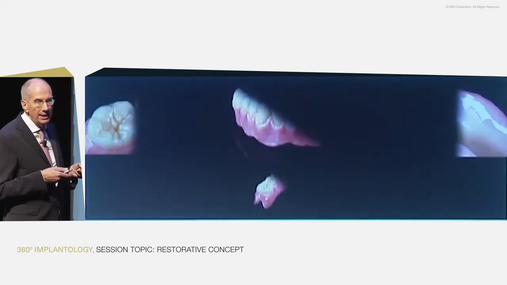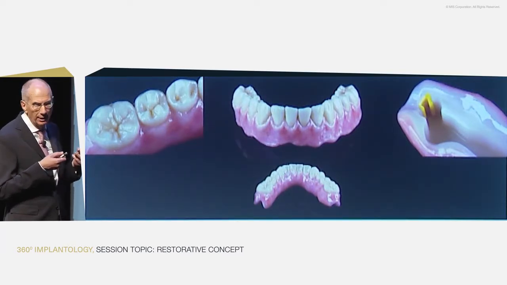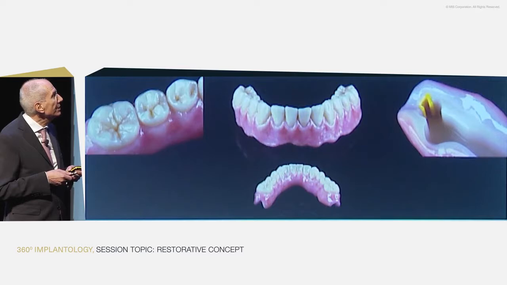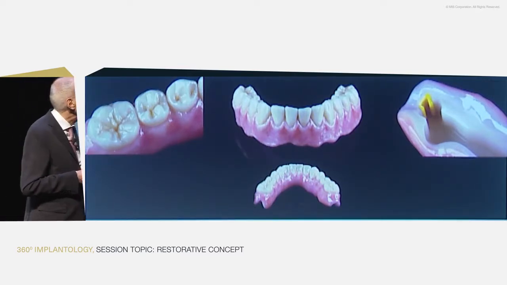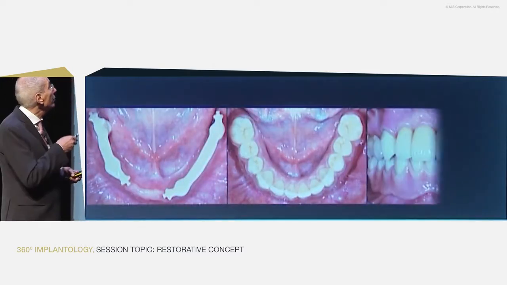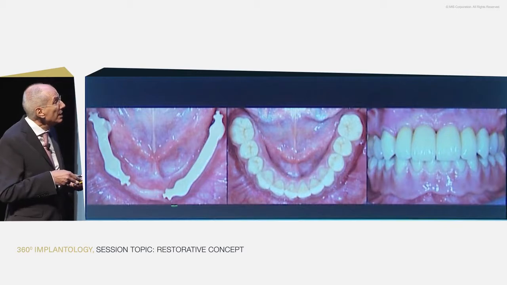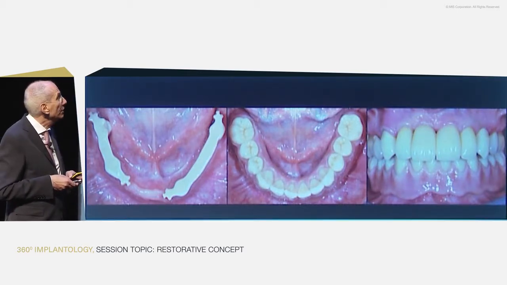You can elaborate it with a very perfect surface for less plaque adherence, and aesthetically we can also achieve a very good result. This is the case intraorally, where you have a full zirconia bar and a full zirconia overdenture.